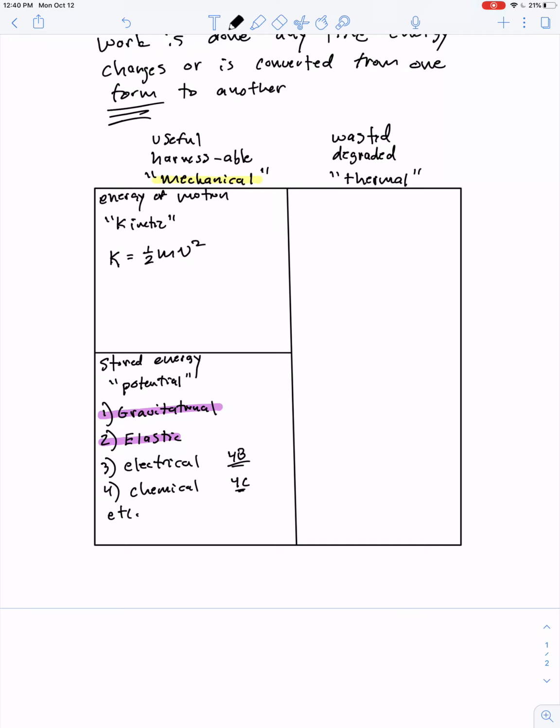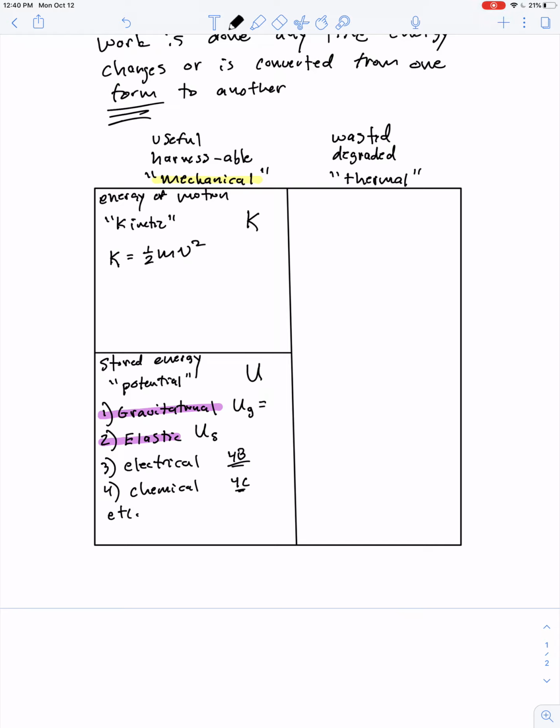Okay, so what we want are some equations to calculate potential energy. We know the symbol for kinetic energy is capital K. The symbol for potential energy is a capital U. So gravitational potential energy might be symbolized as U subscript G. Elastic potential energy, U subscript S. We'll derive these equations, but I don't mind giving them to you now.